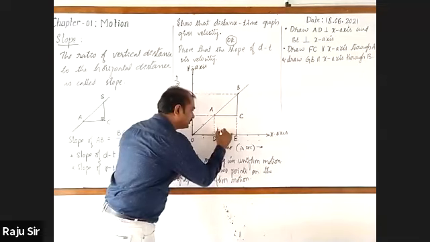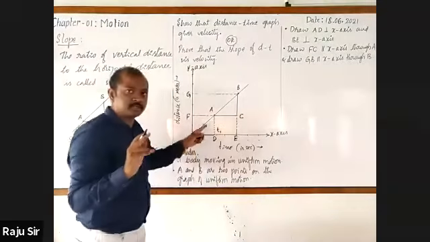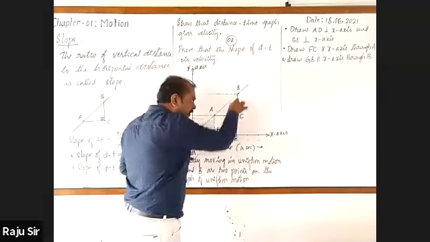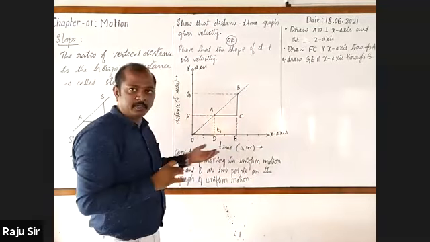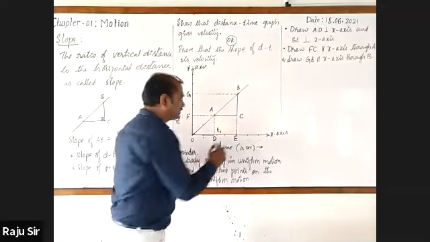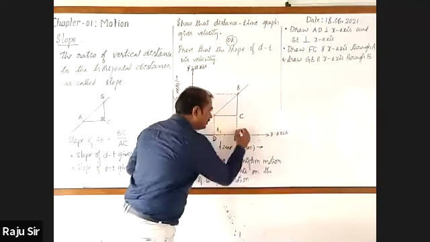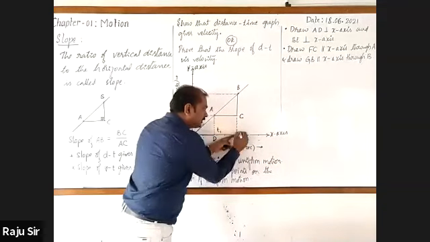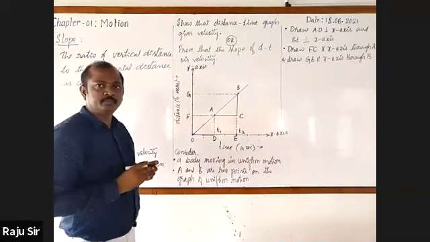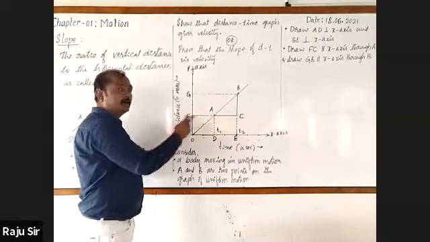Our time, I take it as T1. Next, from the point B, we have drawn another line perpendicular to x-axis or time axis. It has intersected at a point. I call this time as T2.